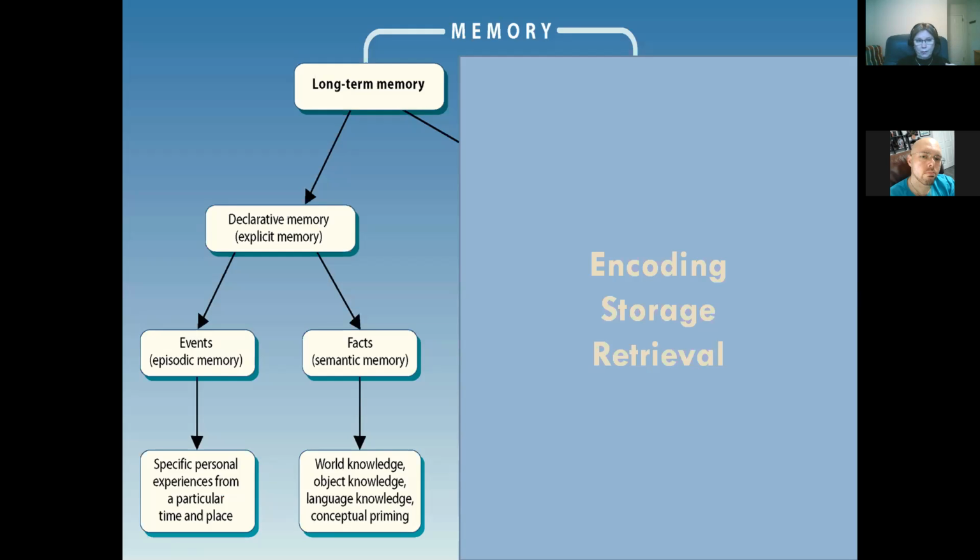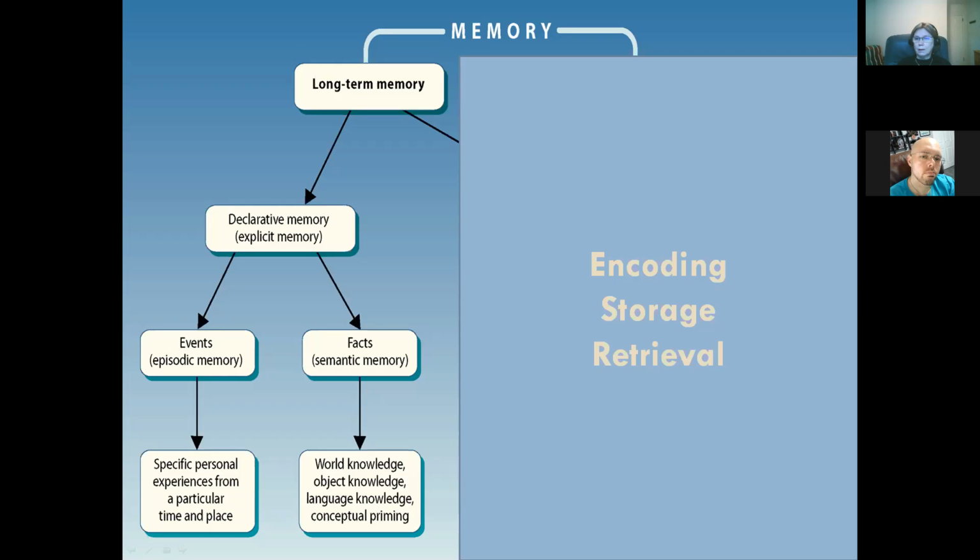All right, now we're ready to move on to the left side, and that's what we will spend all of our time on today: declarative or explicit memory. Implicit means unaware of that. Explicit, so im versus ex, these are the two Latin prefixes that we use in English a lot.